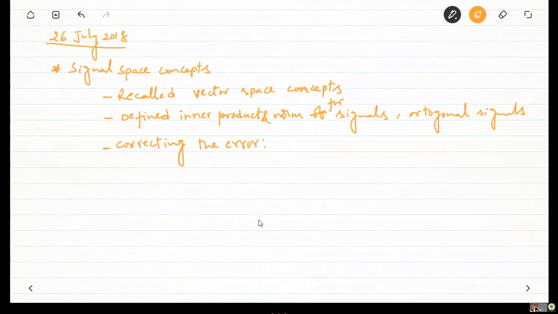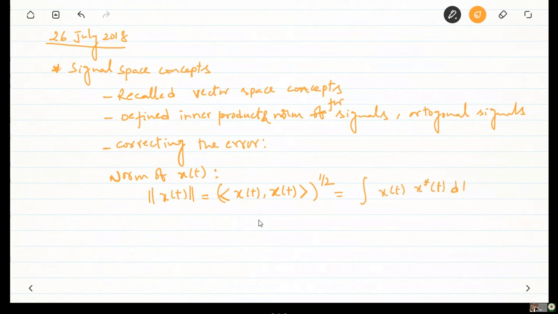Correcting the error: the norm of a signal x of t is the integral from minus infinity to plus infinity of x of t times x of t conjugate dt, to the power half.